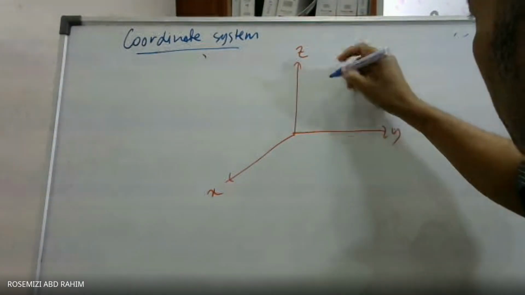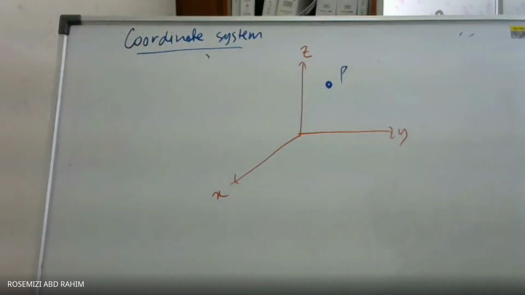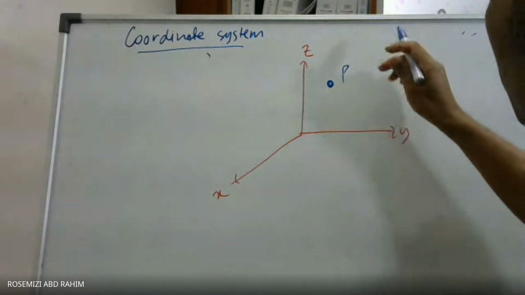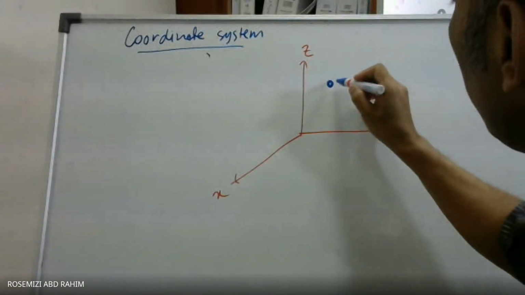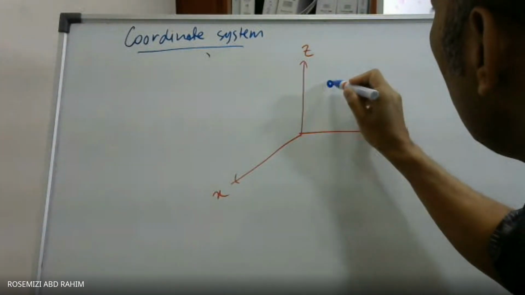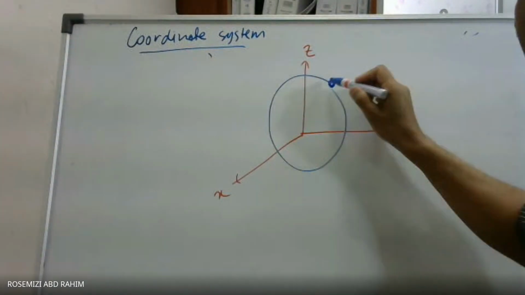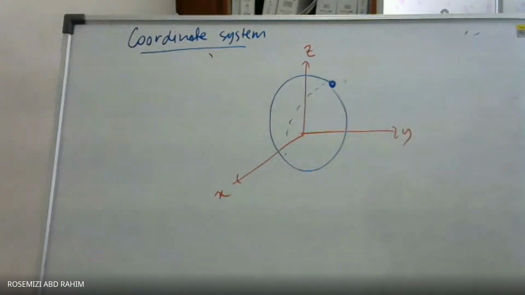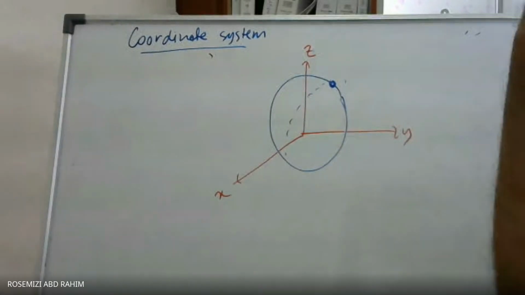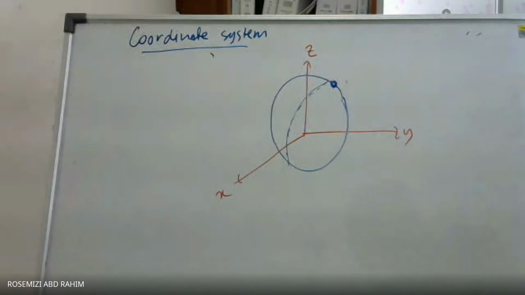Again, point P is here. So how do we locate point P using the spherical coordinate system? For spherical, it is like a ball.